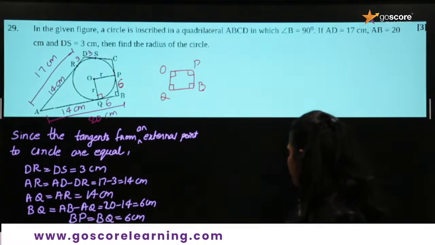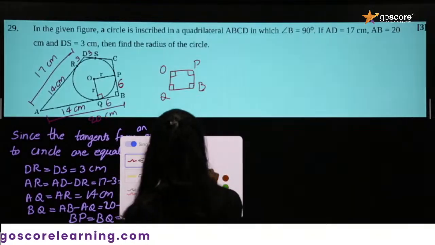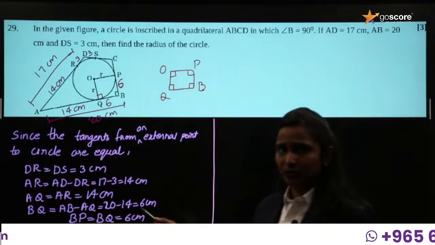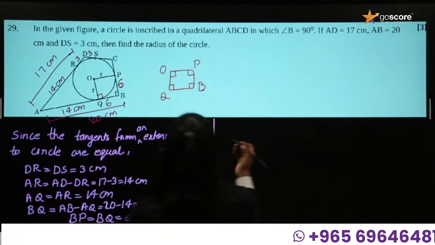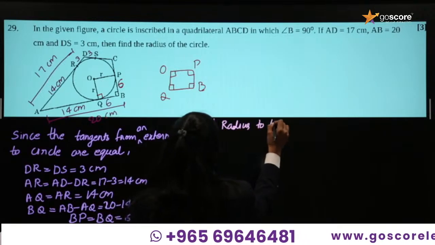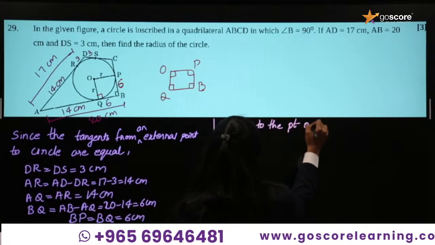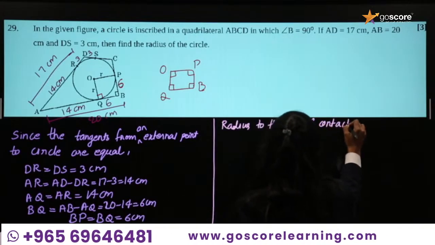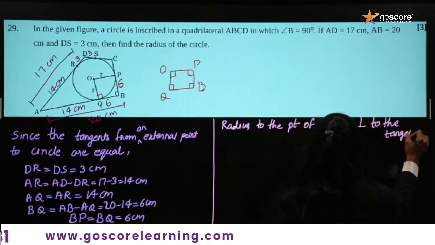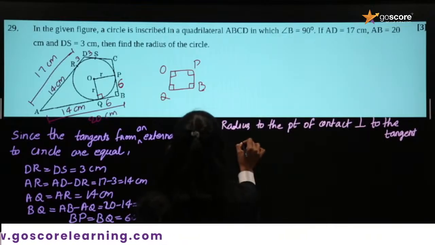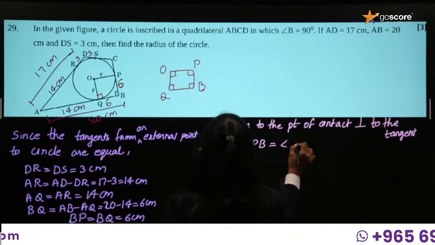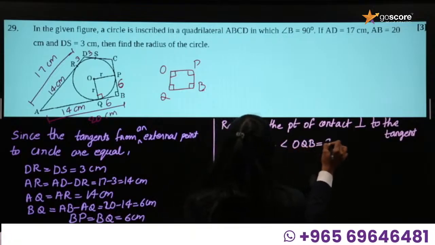So you need to write the theorems as I wrote it here. Okay, I'll write. Radius to the point of contact is perpendicular to the tangent. So we'll be getting angle OPB equal to angle OQB equal to 90 degree.